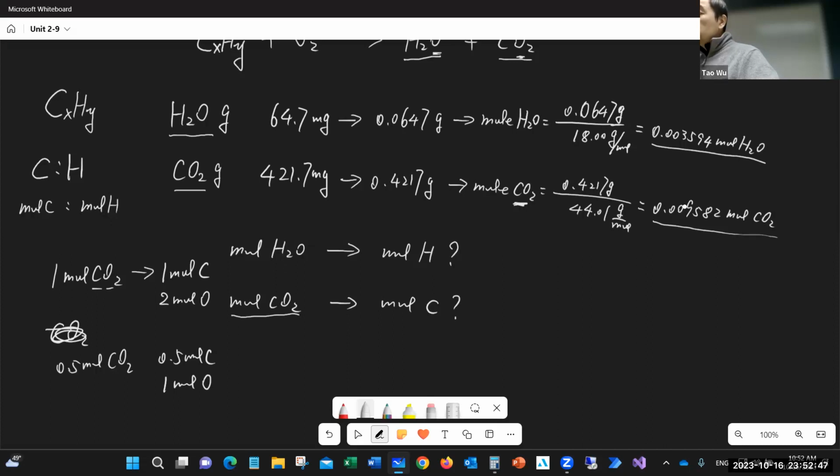Moles of CO2 convert to moles of carbon. It's the same thing, because 1 mole of CO2 has 1 mole of carbon.